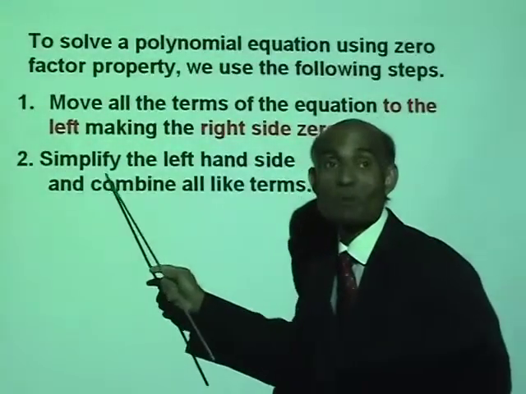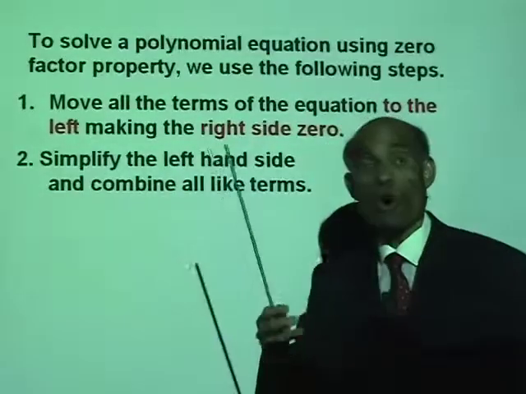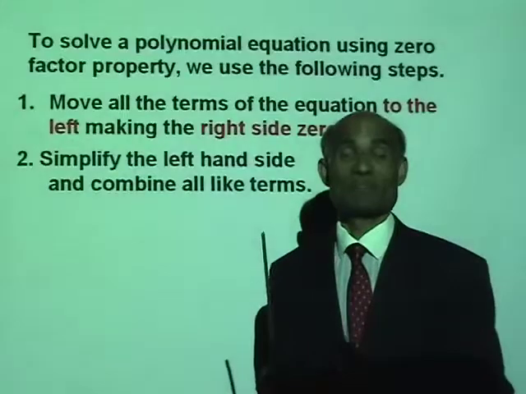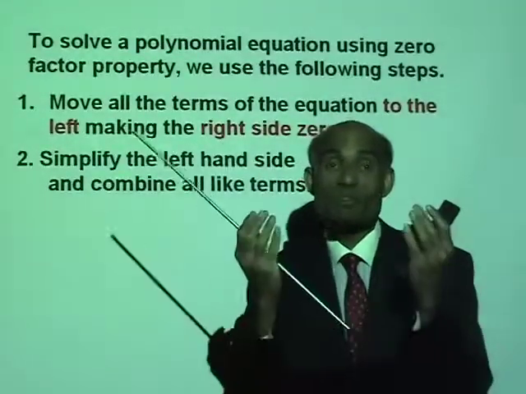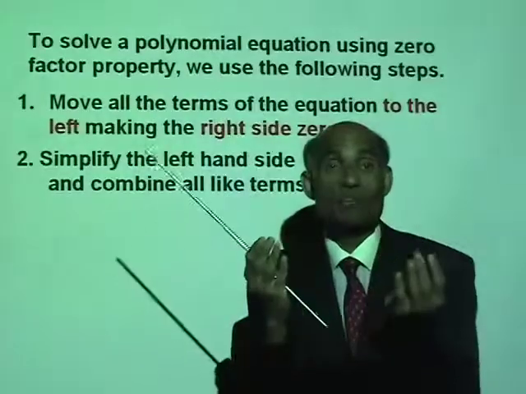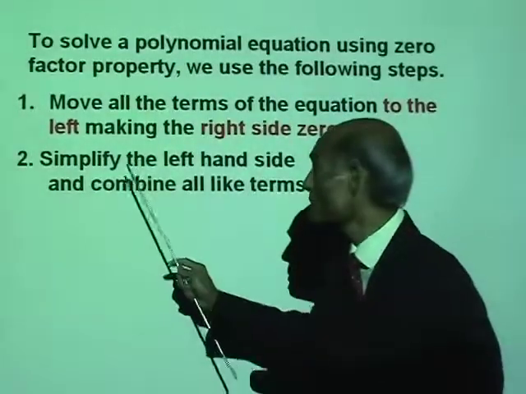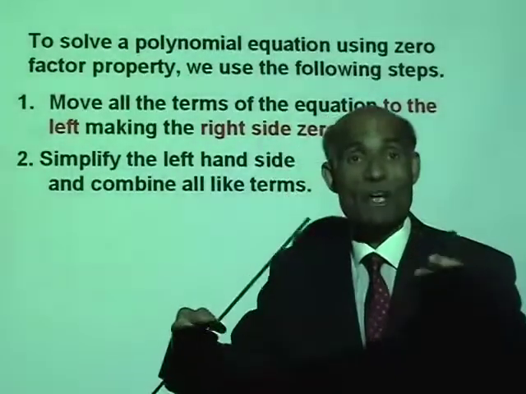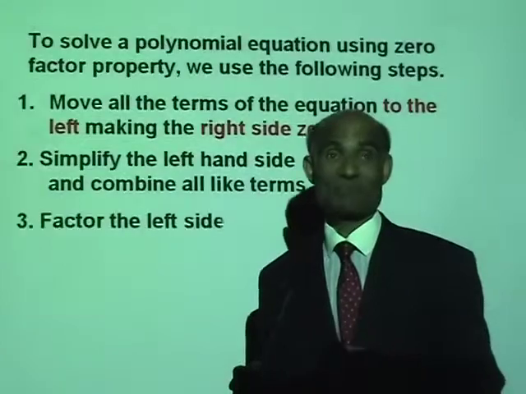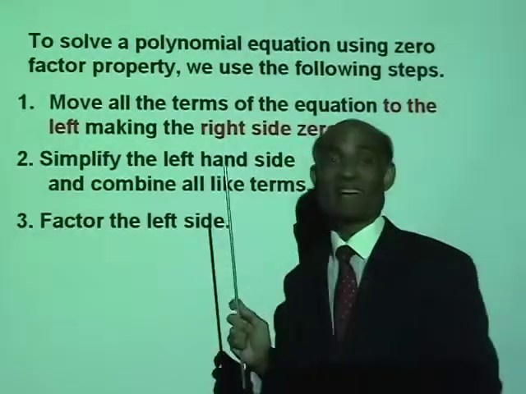Second step, simplify the left-hand side by combining all like terms. Sometimes you may need to distribute. Sometimes you may need to multiply two algebraic expressions. Whatever you need to do, simplify the left-hand side and then combine all like terms. And then factor the left side.